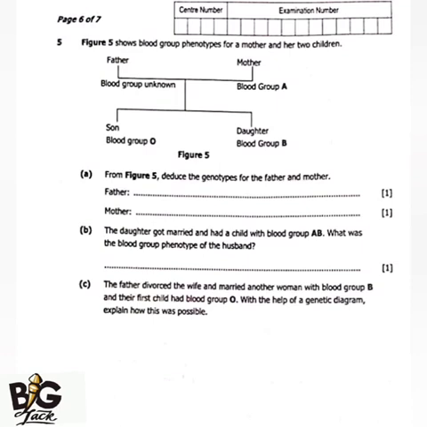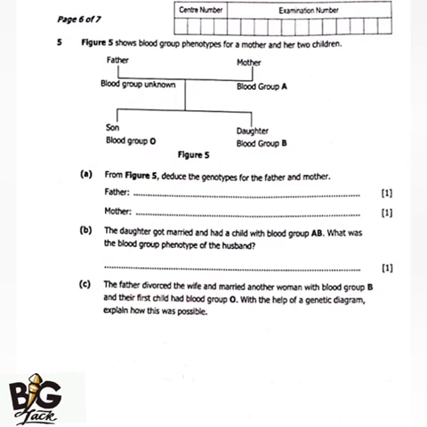The blood group of the mother is blood group A. The son is having blood group O, then the daughter is having blood group B. The first thing I need to ask myself is where B is coming from. Because the mother has blood group A, blood group B is coming from the father.